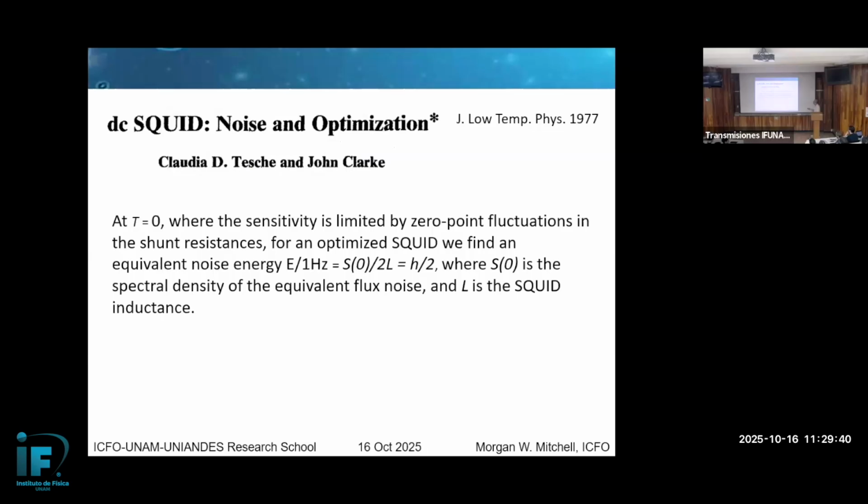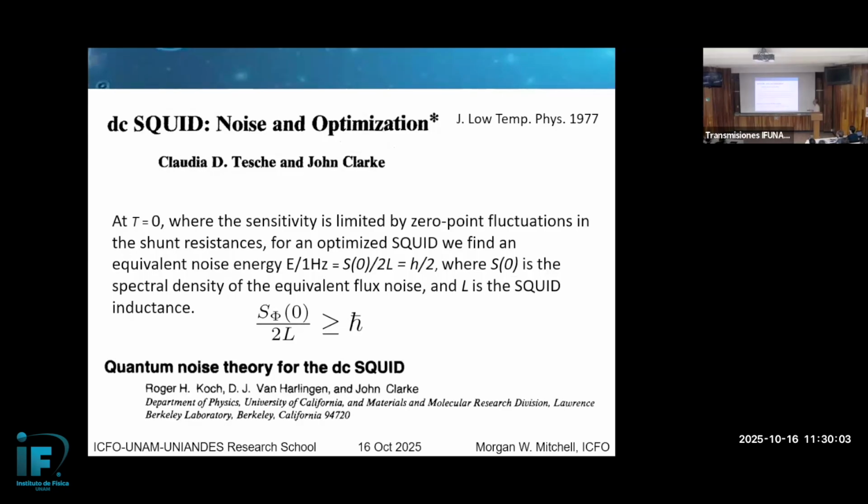And they said that at zero temperature, there is still a noise due to zero-point fluctuations, and that noise, the power spectral density divided by twice the inductance, has to be at least h bar times pi. That was their conclusion in 1977.